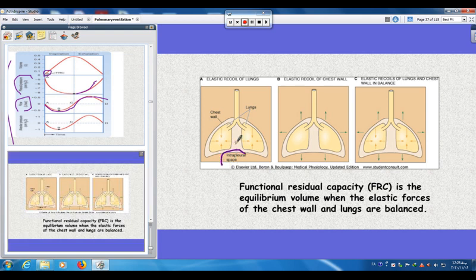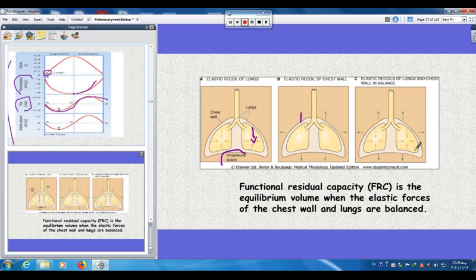The elastic recoil of the chest wall is opposite to the elastic recoil of the lungs. You can see the direction of this is inward for the lungs, while for the chest wall the direction is outward.